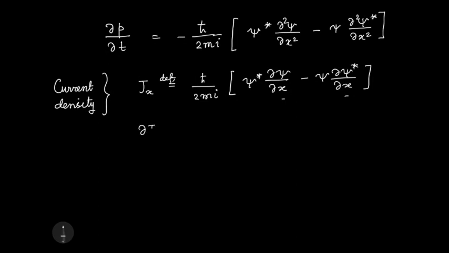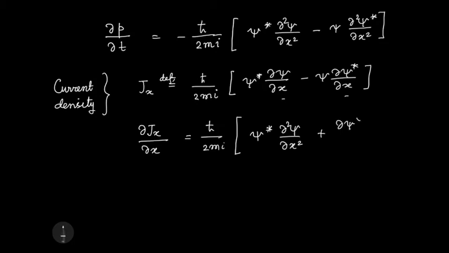Now, what is del Jx del x? So del Jx del x, okay, let's write. So h cross by 2mi. So I'll get psi star del 2 psi del x2, and then I will get plus del psi star del x and del psi del x.